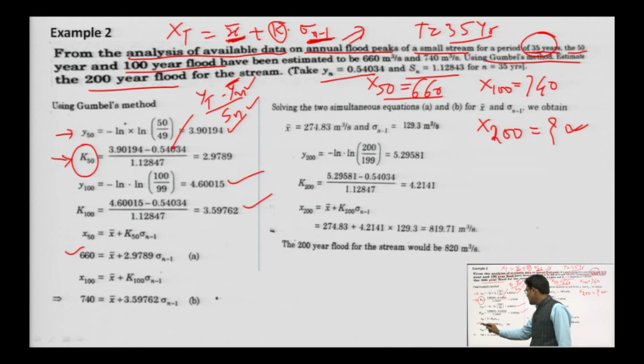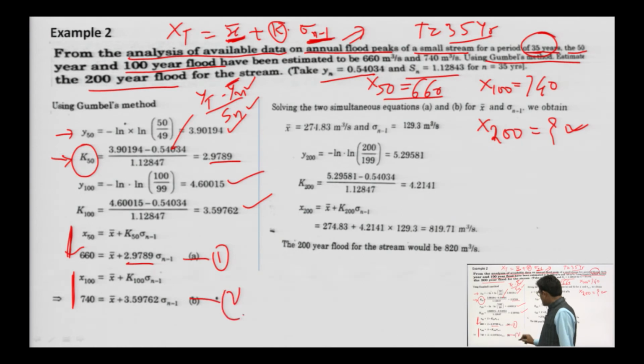This is equal to x mean plus the constant k that we have calculated, times sigma n minus 1, for a return period of 50. Similarly, for a return period of 100 we will have a second equation, equation number 2.